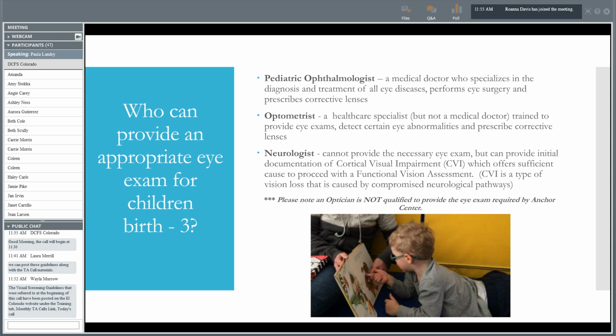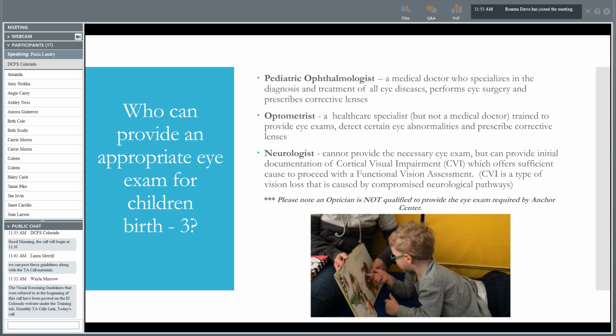Being able to detect something pretty small in a child if they're not really comfortable or familiar with working with children. They can prescribe glasses, but that's pretty much the scope of their practice. And as far as Anchor Center, an optician or a report from an optician would not meet our requirements for an appropriate eye exam.